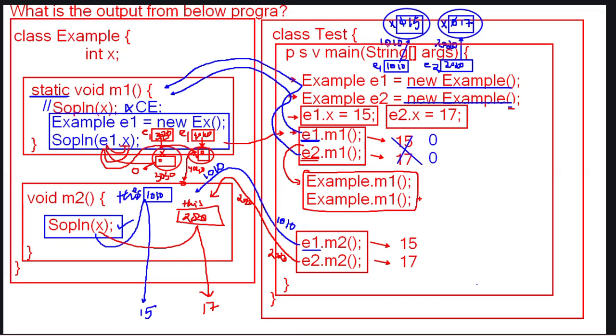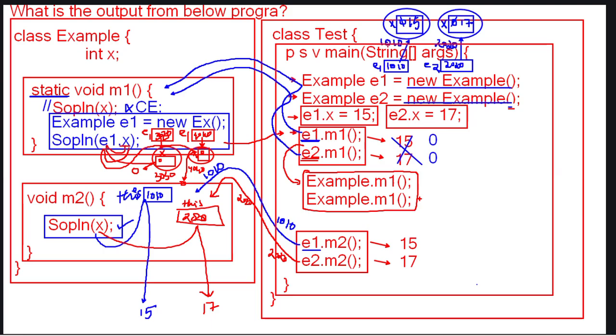From this program, we should derive 2 points. What are the 2 points? Static method doesn't receive the current object as an argument. Static method doesn't have the this keyword, because a static method is meant for executing logic common to all objects. Okay, what is point number 2?